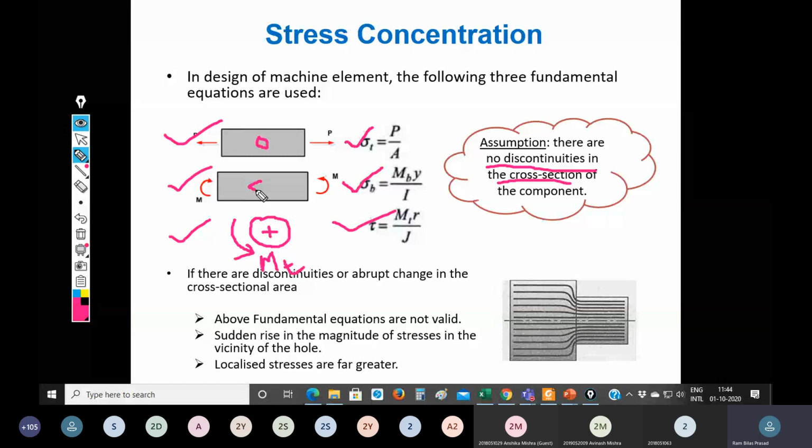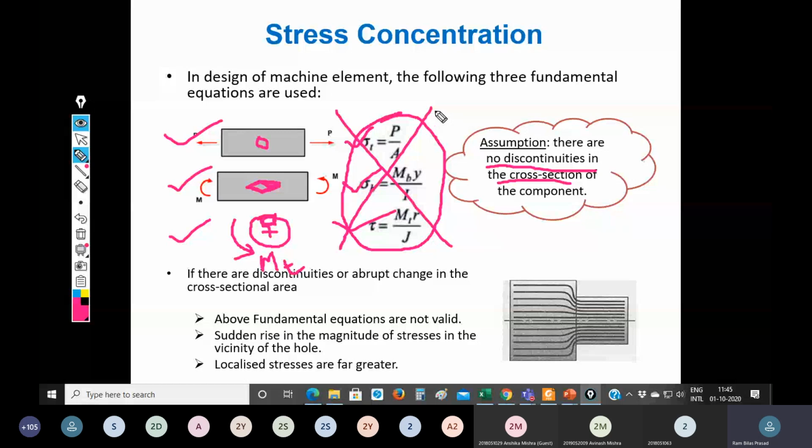The shape could be rectangular, triangular, circular, any shape. Or let us say this is a shaft, and here you have keyways in the shaft. Most often keyways are there in order to mount the keys, right? So in such cases, this formula for calculating the stresses is not valid.